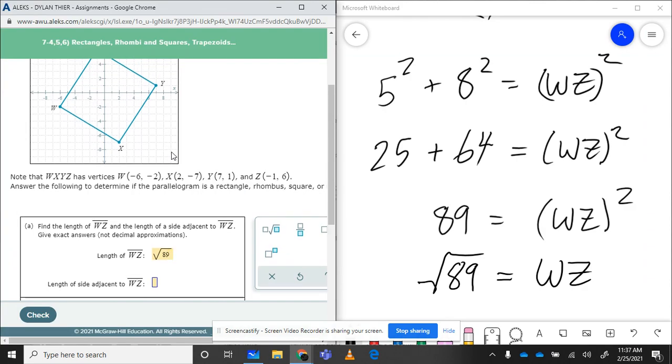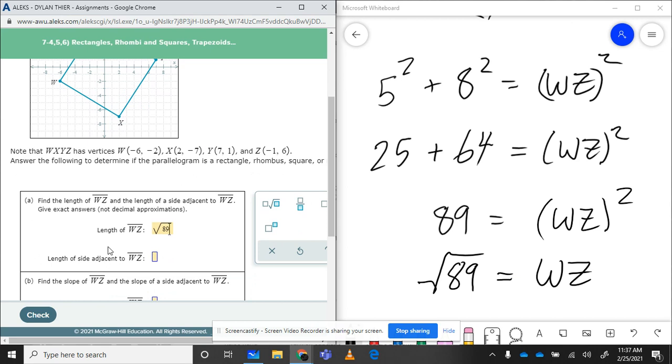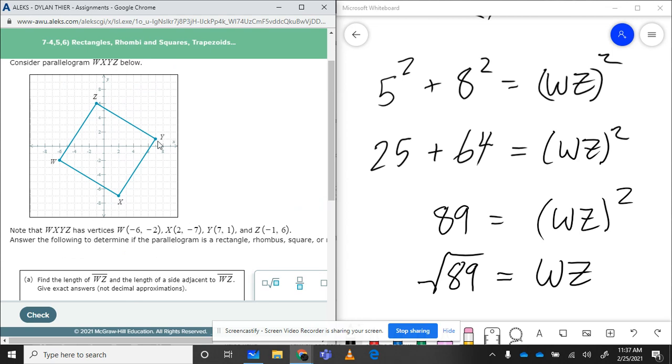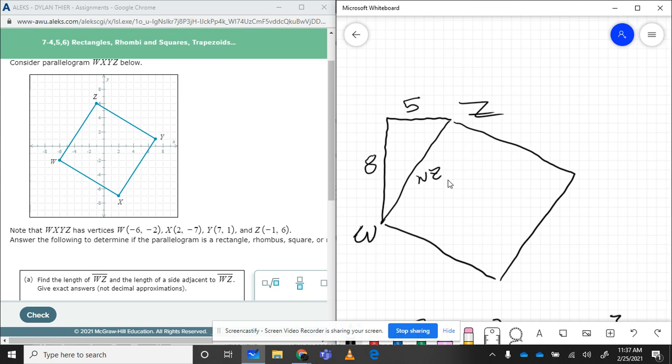Now the length of a side adjacent to WZ. Adjacent means right next to. There's two adjacent sides, so they want either one of these. So let's do ZY up top there. Do the same exact thing.